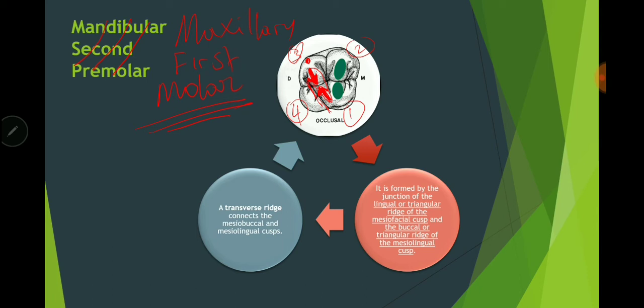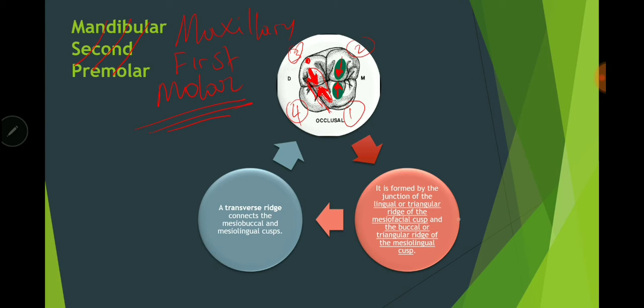So this ridge is called the lingual triangular ridge of the mesiofacial cusp, because it's going this way, it's called lingual. And this one here is slanting to the buccal, so it's called the buccal triangular ridge of the mesiolingual cusp.